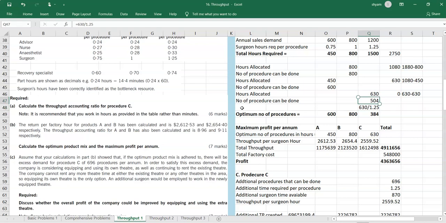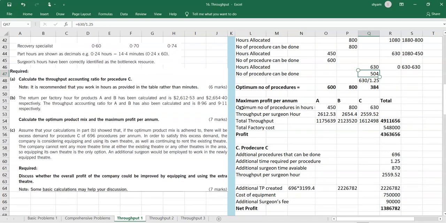Okay. So they are asking the question, what would be the maximum profitability? They have given throughput per surgeon hour in the question itself. As they have given surgeon hours, we also have to work out the sum in hours. We can also work out the sum in units, but since they have given hours and throughput per surgeon hour, we work out the sum in hours only.